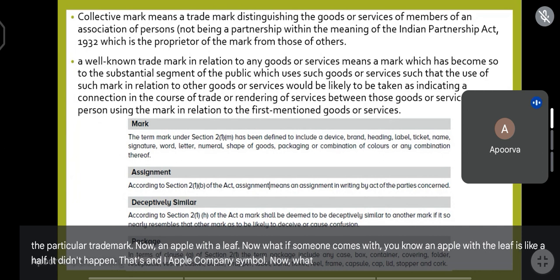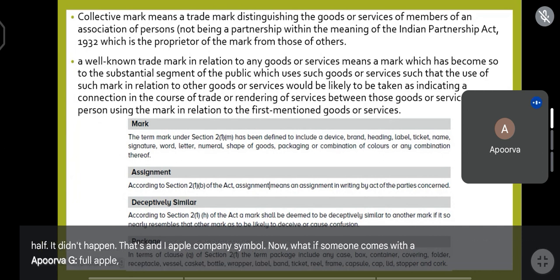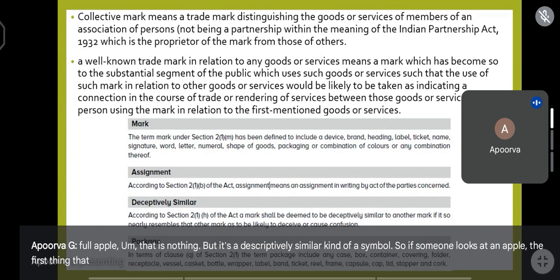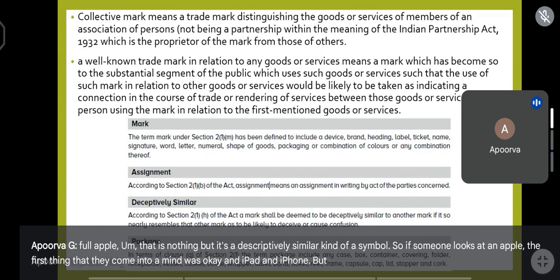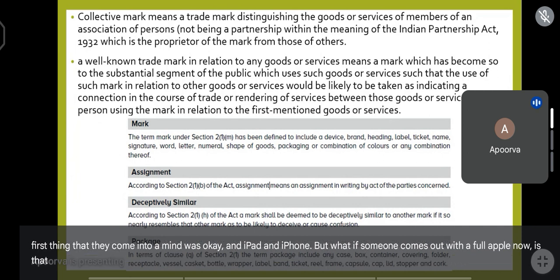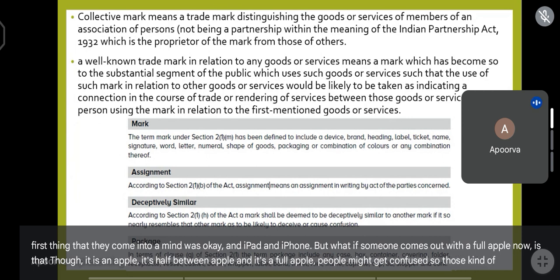Now, what if someone comes with a full apple? That is what is descriptively similar. If someone looks at an apple, the first thing that comes to mind is an iPad, an iPhone. But what if someone comes out with a full apple? Though it is an apple, one is a half-bitten apple and one is a full apple, people might get confused. So those kinds of marks will not be approved.